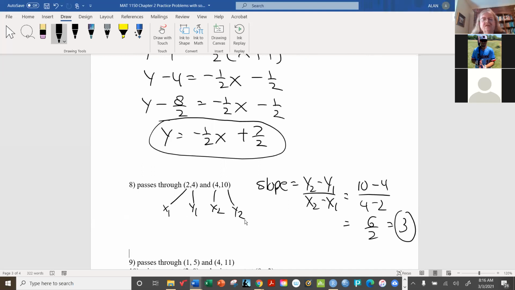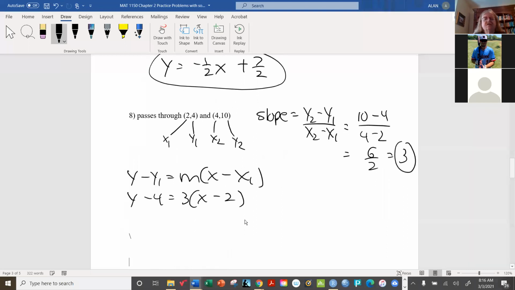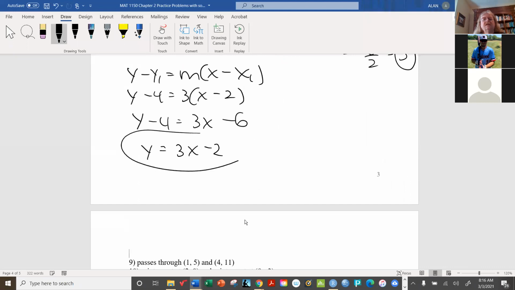All right, now once we have the slope, and again, we can try this equation. So we'll have y minus 4 equals 3 times x minus 2. And then we just can rearrange this algebraically a little bit. All right, now all I have to do is add this 4 to both sides. And we're done. Very good.